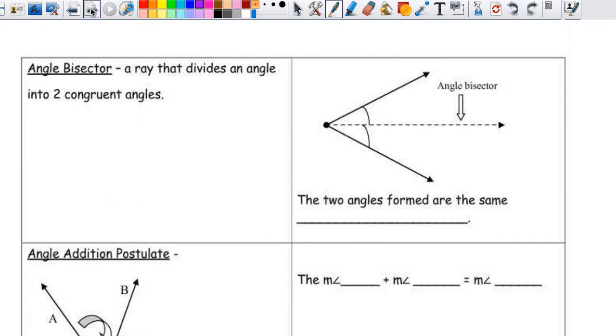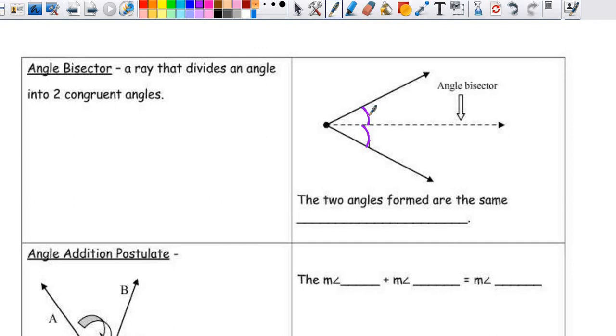We have angle bisectors. An angle bisector is a ray that divides an angle into two congruent angles. We mark these congruent angles with little rounded angle marks. One for each of these angles means those two are congruent.